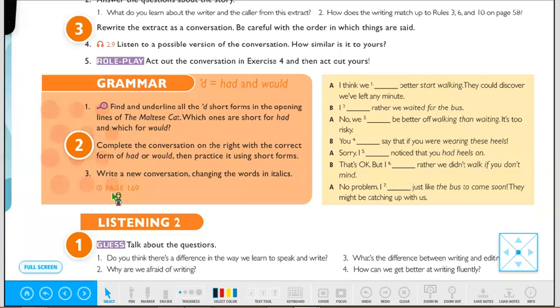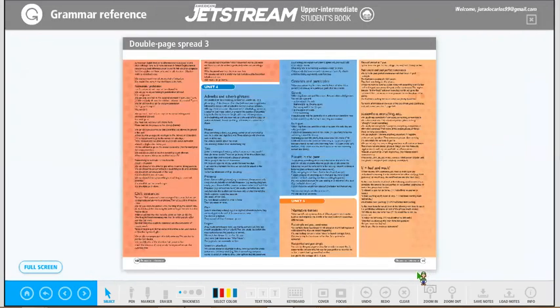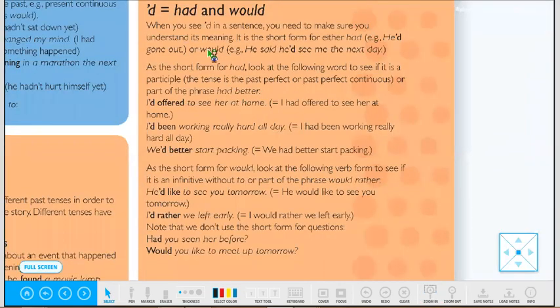Let's go straight to page 169 and take a look at it. Grammar reference. Again, you will find a very short explanation over there. It says apostrophe D equals had and would.